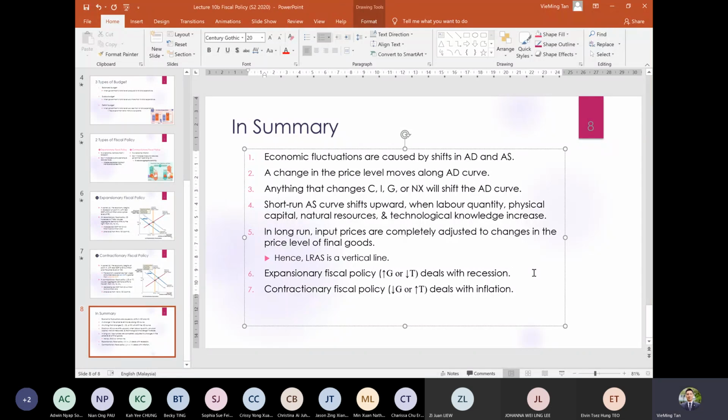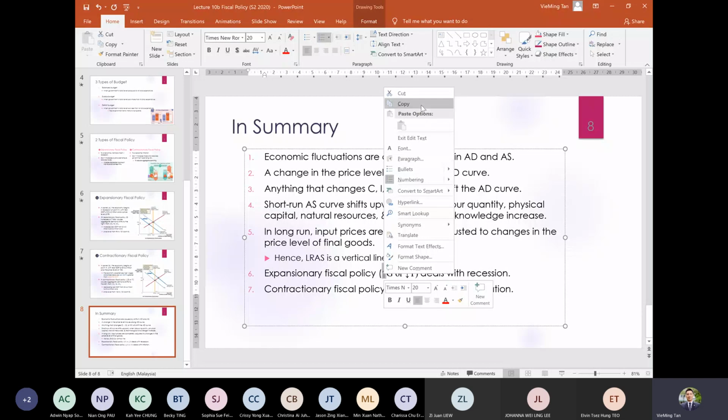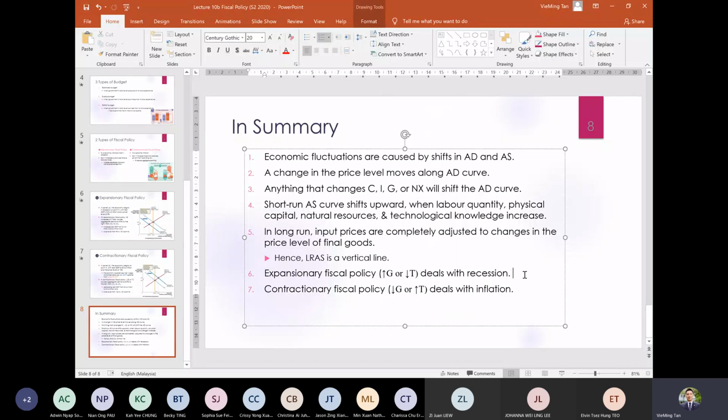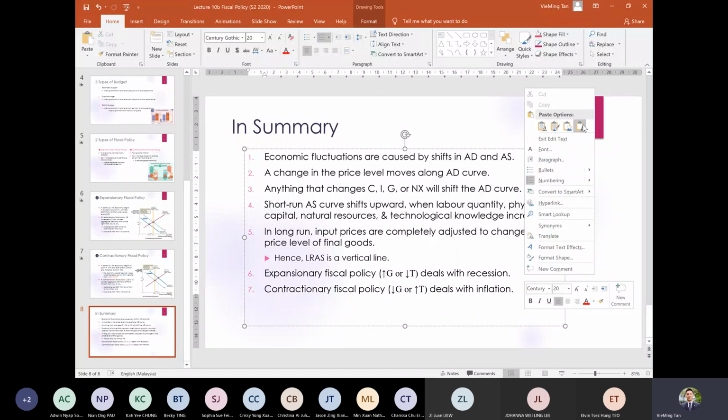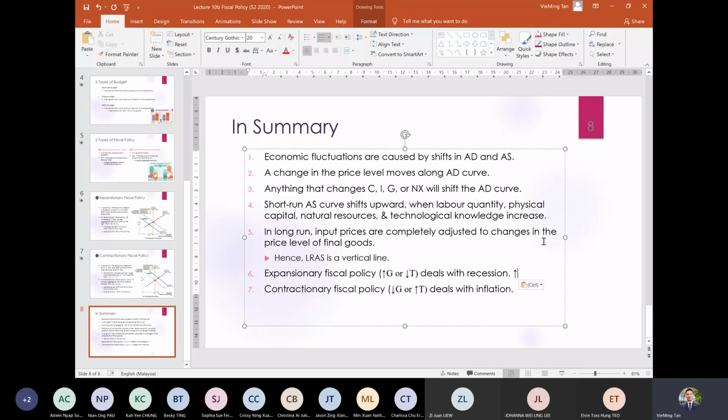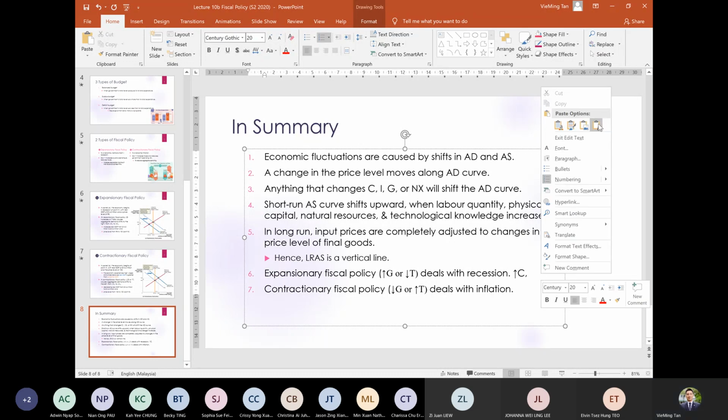What will be the consequences? When the G increases and the tax reduces, this will increase the C and also increase the I.